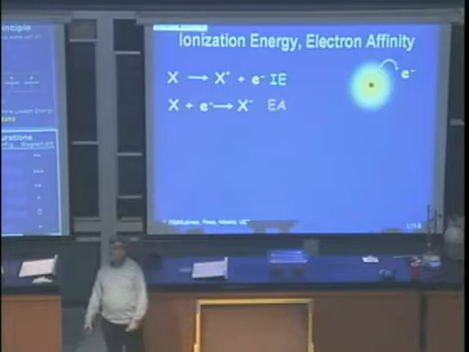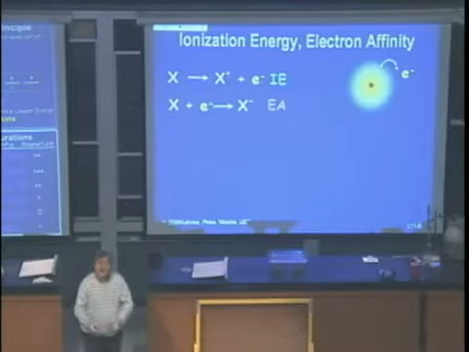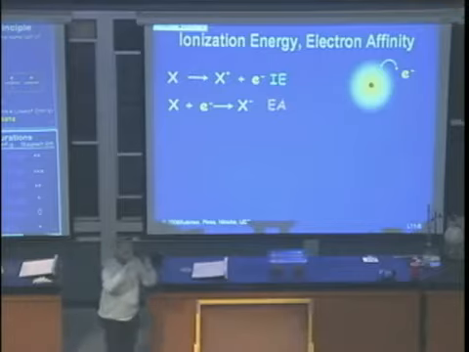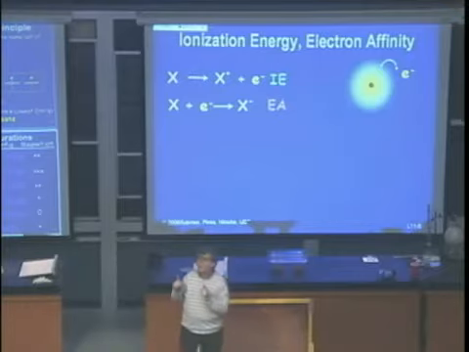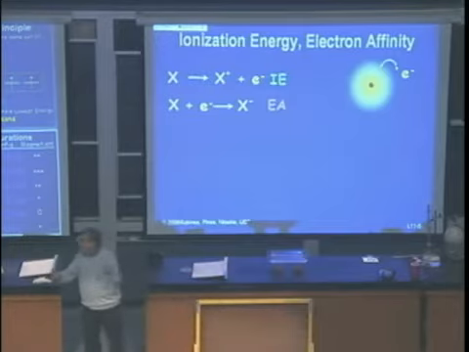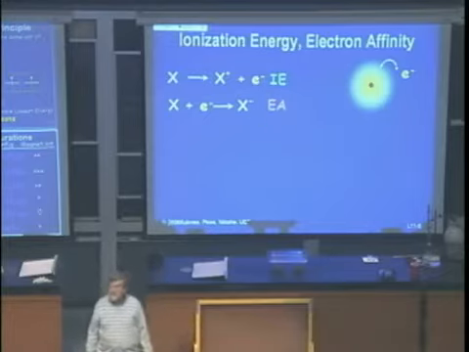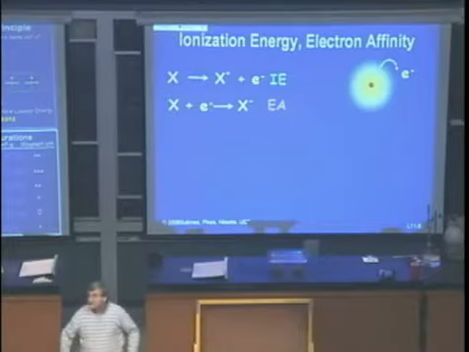This is generally the case when you form bonds. When you put two things together, you form bonds, you always release energy. I will say this 100,000 times to you probably. And this is the same thing. You form a bond between the electron and the nucleus, so you release energy. Okay? And this is called the electron affinity. And the electron affinity is a negative number because you release energy.